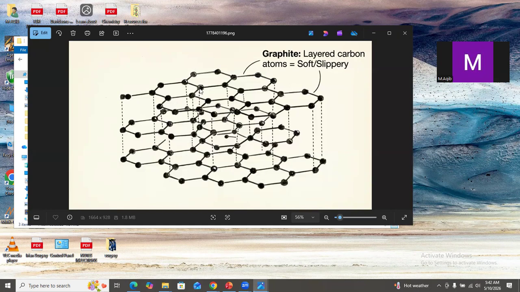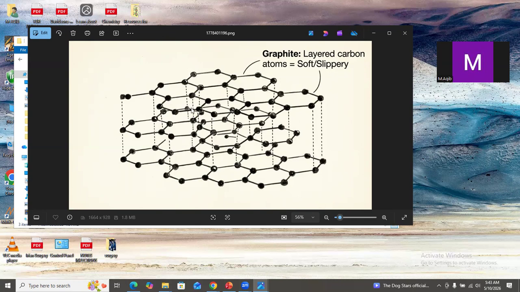Each carbon is attached to three carbon atoms by covalent bonds, and it's connected to the fourth carbon atom by means of weak van der Waals forces. It's a type of intermolecular force that we are going to discuss later on. But I just want you to remember that this is a bond, but it's not a primary bond. It's an intermolecular force, and it's called van der Waals forces. And it's quite weak. So three covalent bonds and one van der Waals force.